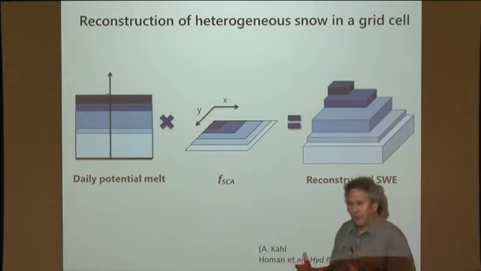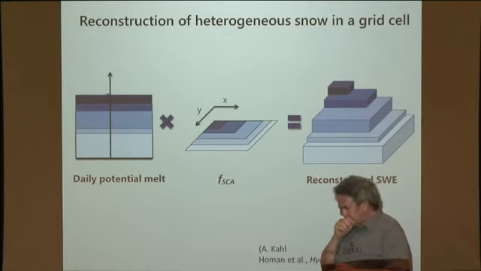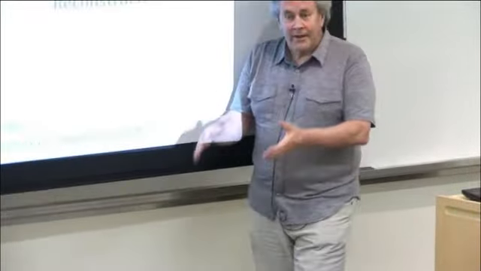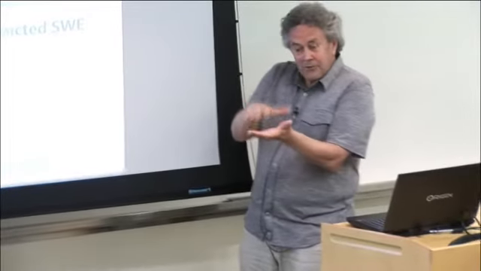In other words, if on one day I can melt 10 millimeters of snow water equivalent, and let's say 5% of the snow cover disappears on that day, then I know that 5% of that pixel was at that depth on the day before. So therefore, we end up with a reconstruction of the snow water equivalent that is spatially heterogeneous.